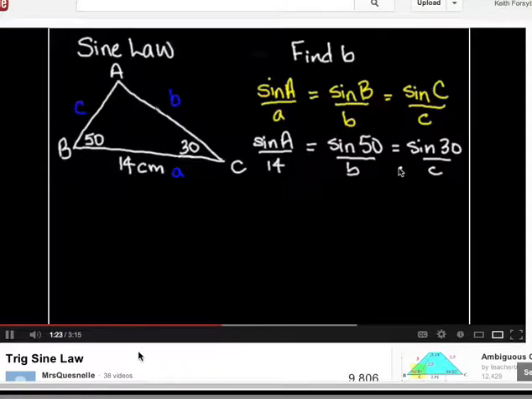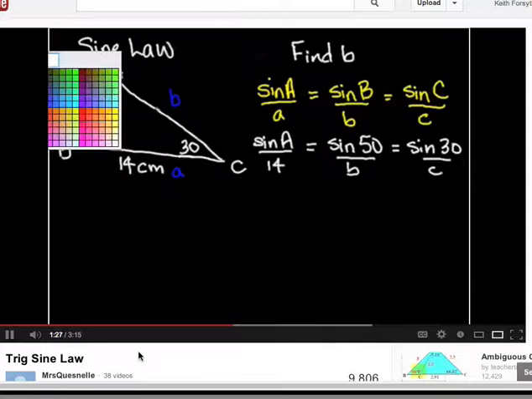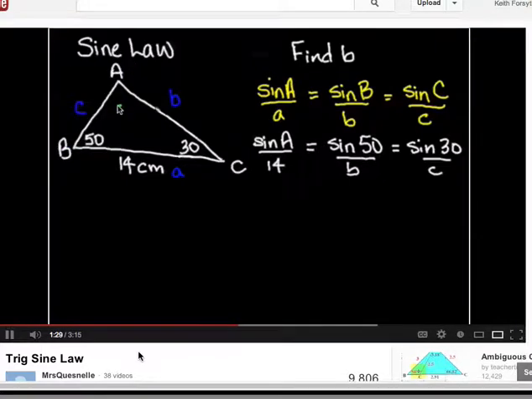So which leads me to believe that maybe back in the question I'm missing a piece of information. And I am. It would be helpful if I knew what angle A was. And I can figure that out quite easily. Angle A is 180 minus 50 minus 30, which is 100 degrees.